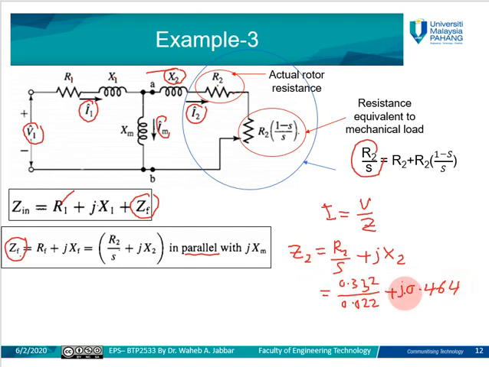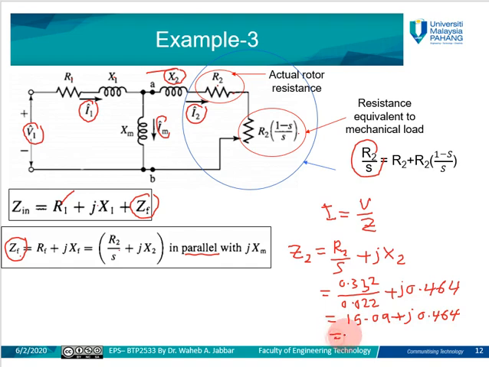It's in rectangular form. You can calculate the total, that means you calculate this value, and it will give you the rectangular form, which is 15.09 plus j of 0.464. Okay, so this is a rectangular form.